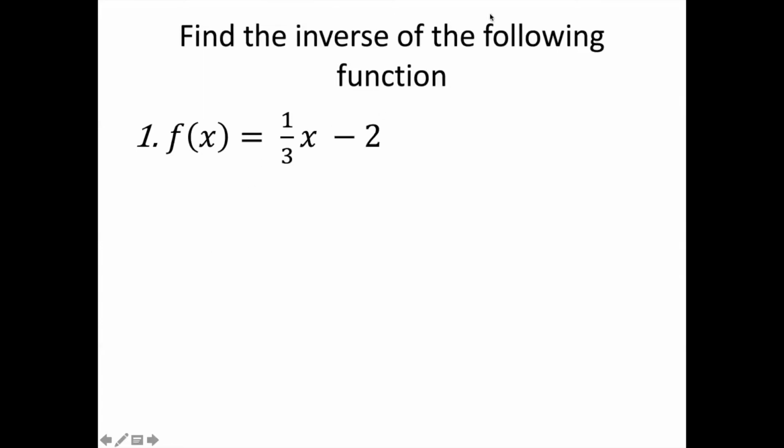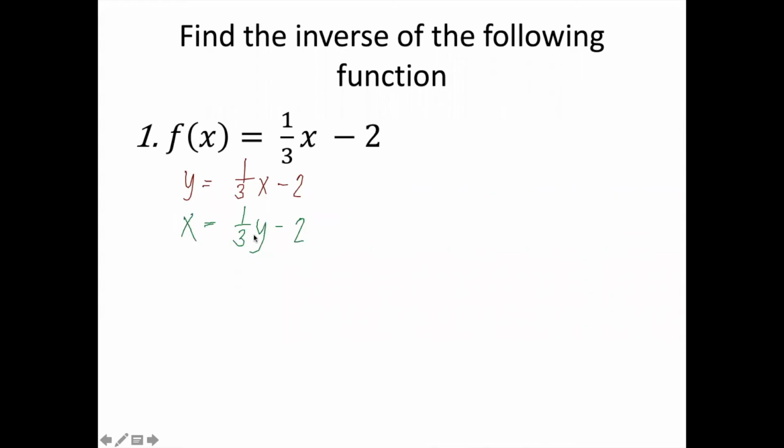Following the steps, we change f of x to y. So we have y equals 1 over 3x minus 2. Next, we interchange x and y. So you have x equals 1 over 3y minus 2. Then we solve this for y.